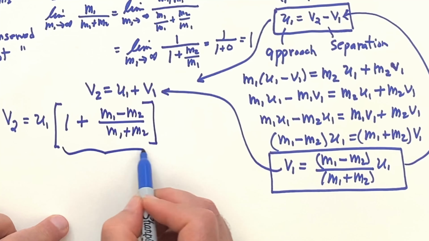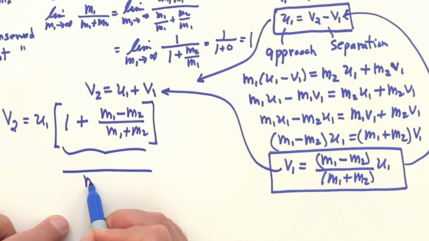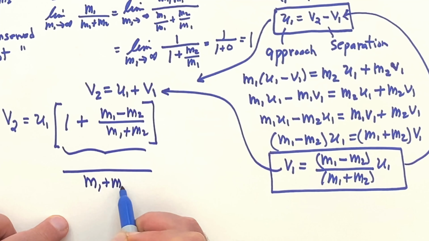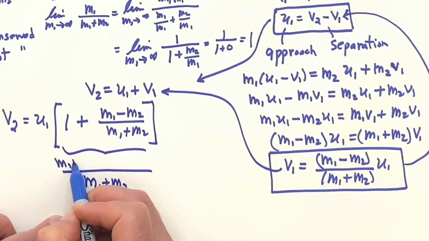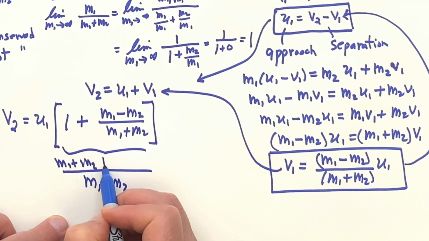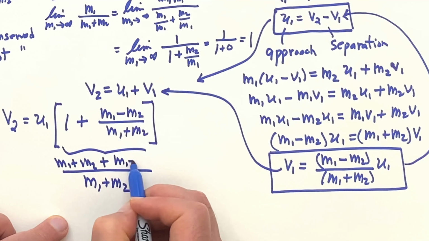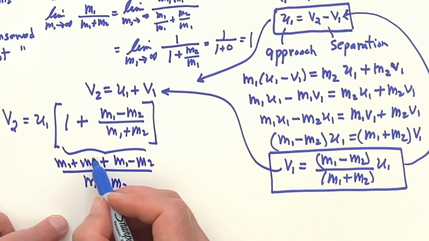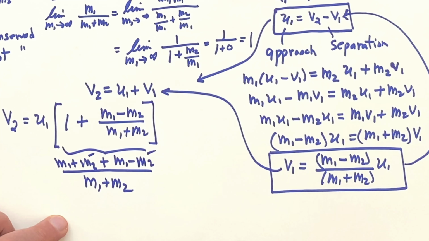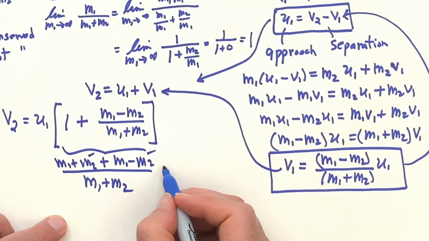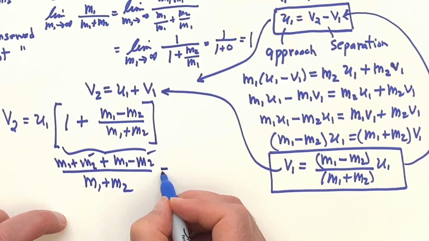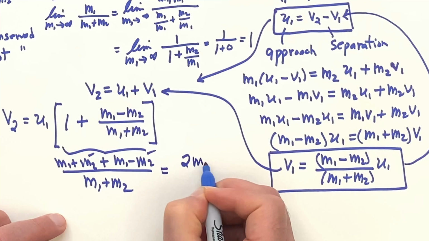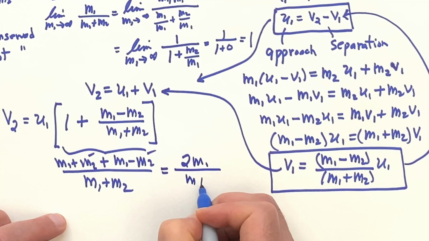So if we find the common denominator here, m1 plus m2, m1 plus m2, and there'll be then plus m1 minus m2, you can see that the m2s cancel out, and you're going to get down in here 2 m1 over the sum.